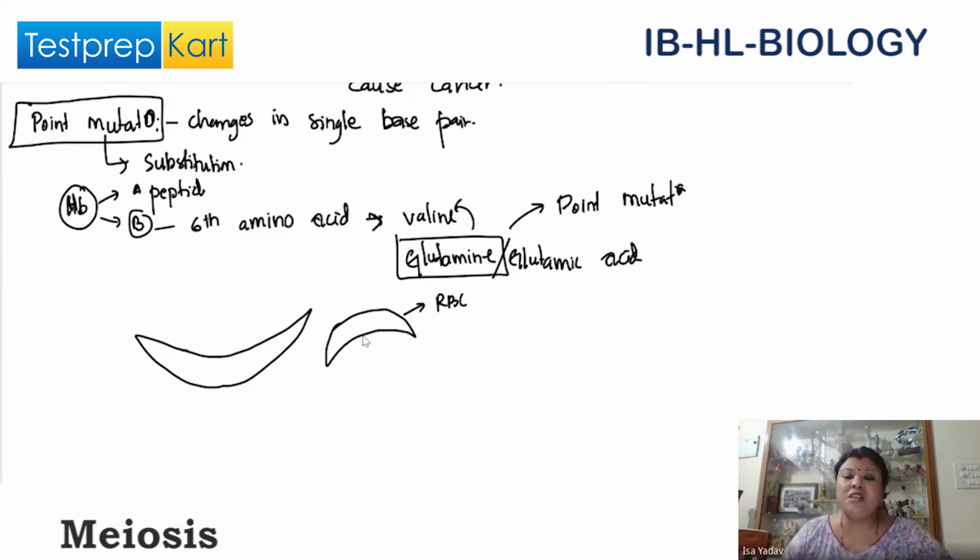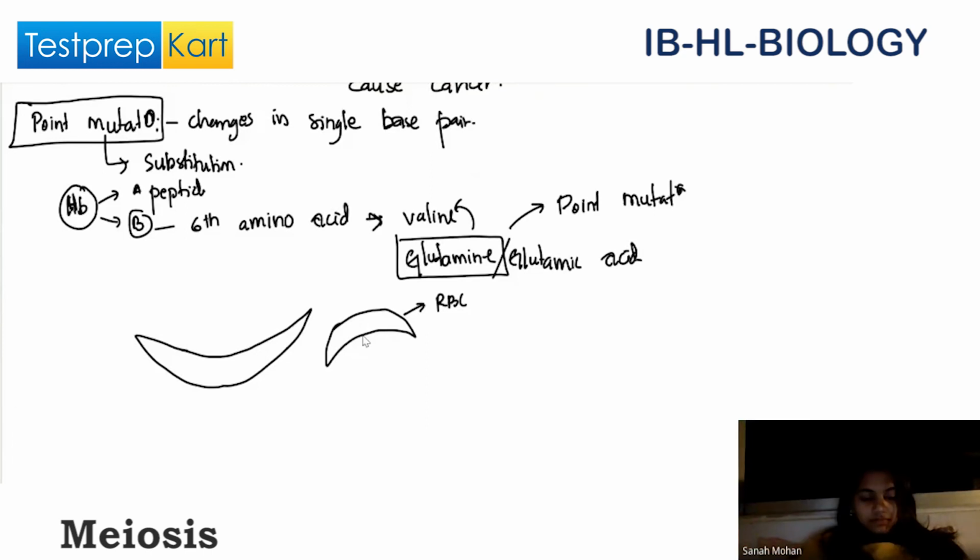So in sickle cell anemia, there is a decrease in the amount of oxygen in the body.